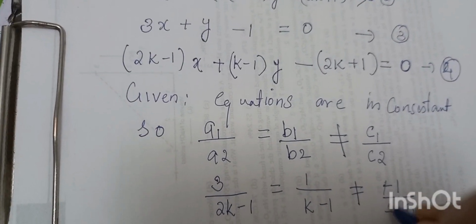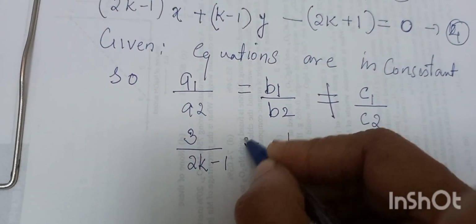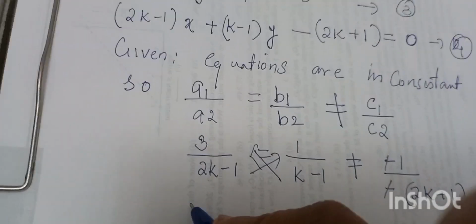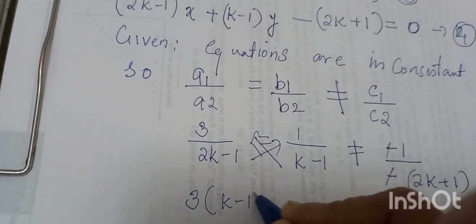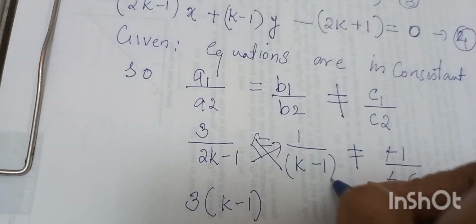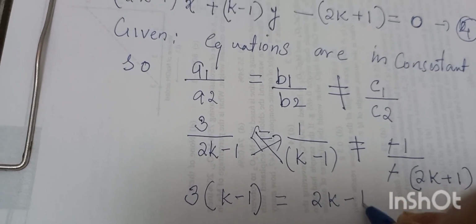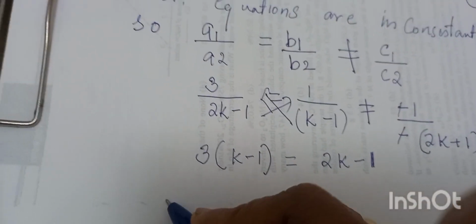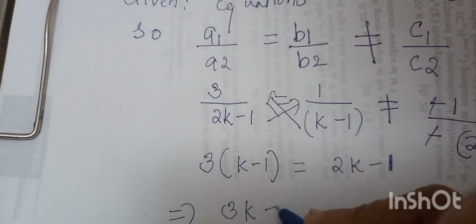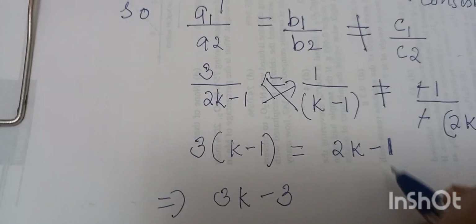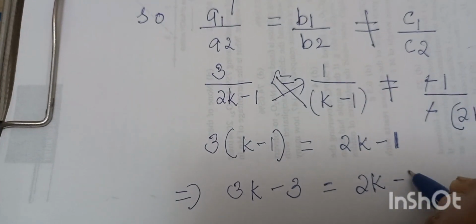So this minus will cut off. So we get like this. And just cross multiply this. 3 in bracket k minus 1 is equal to 2k minus 1. Which implies, remove the bracket, 3k minus 3 is equal to 2k minus 1.